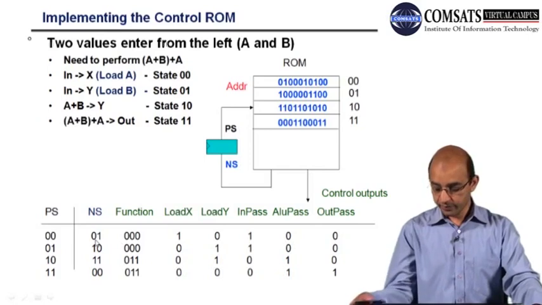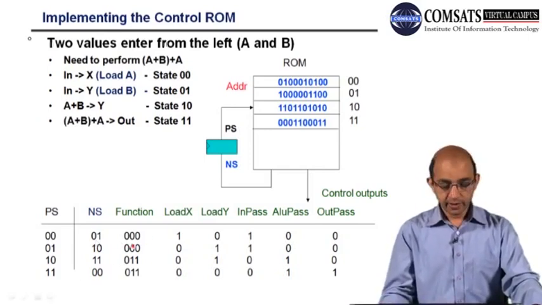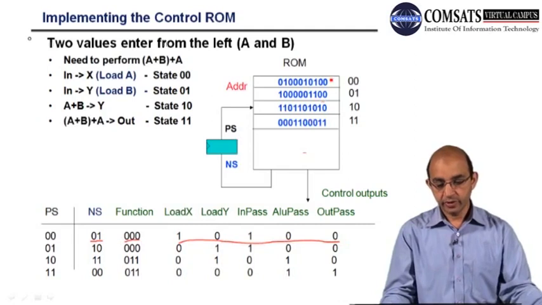If I count this, it comes to 10 bits: 1, 2, 3, 4, 5, 6, 7, 8, 9, 10.